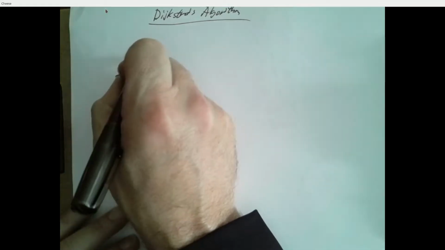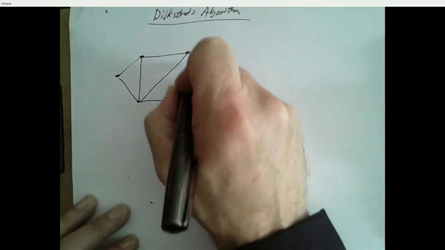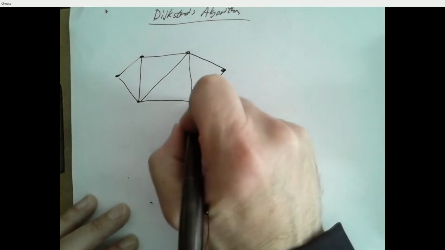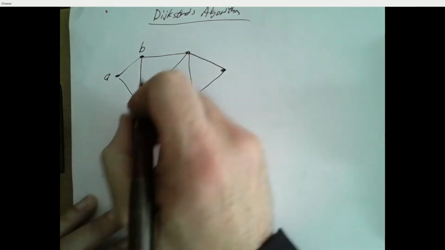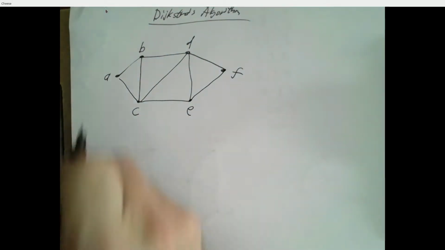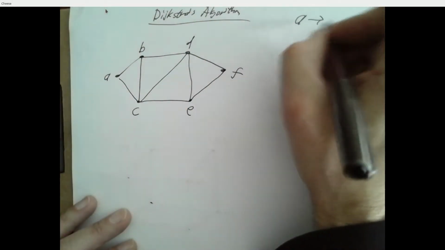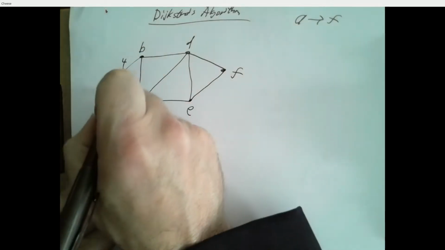And it's kind of a quirky algorithm, but let's work with a sample graph. And let's say we want to find a path from A to F. And I'm going to put weights on here.